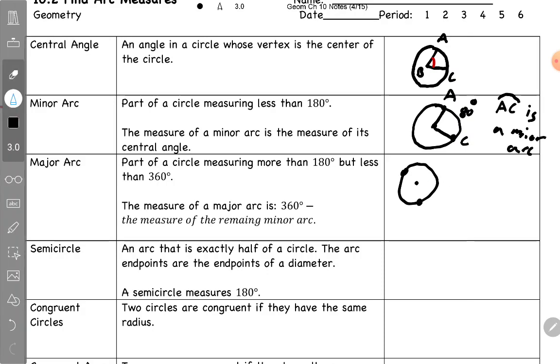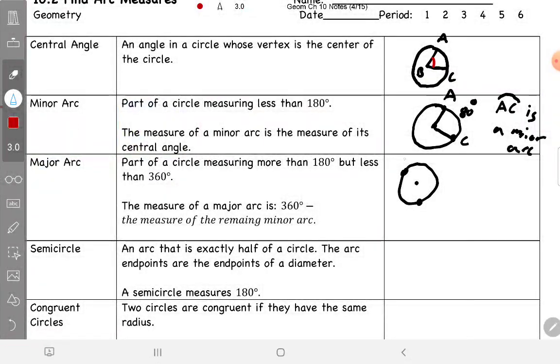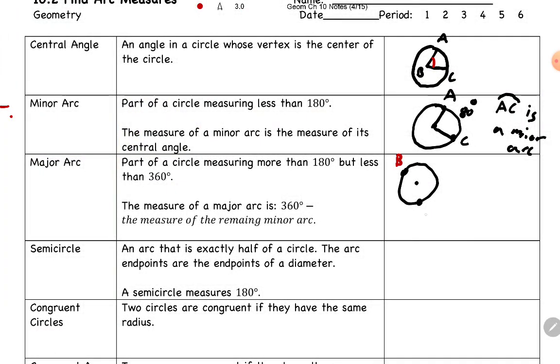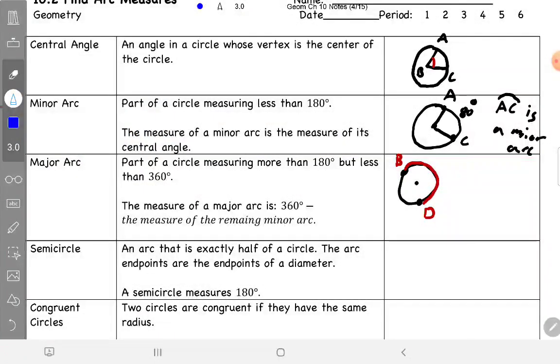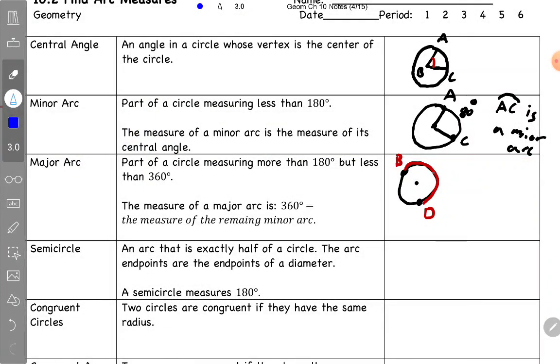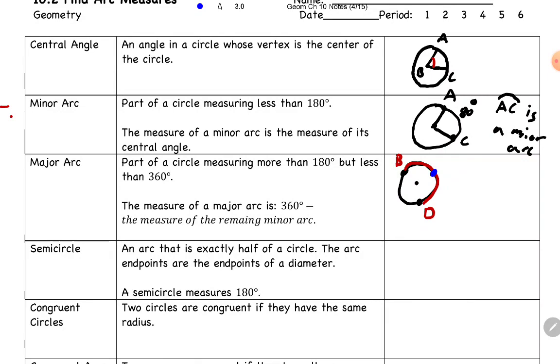Now let's say I want to measure BD, but going this way. Normally when you're measuring these, they will usually give you a third point to tell you the direction that you're going in.